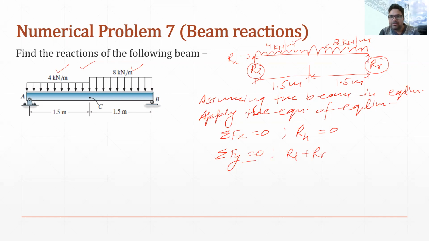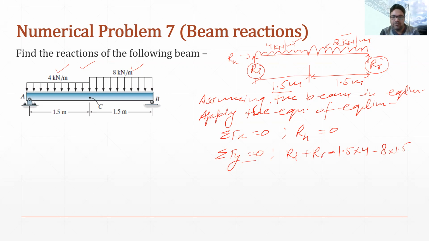Similarly, the UDL of 4 kilonewton per meter is spreading over a 1.5 meter length, so the total UDL would be 1.5 multiplied by 4. This is downward, so we will take this as negative. Similarly, the second UDL is again downward, so we will take this as negative 8 into 1.5.